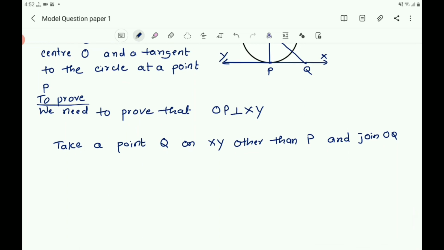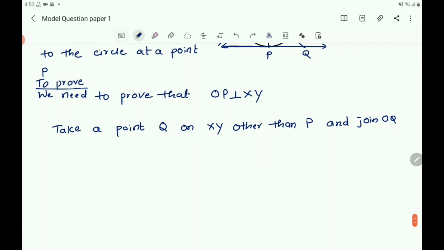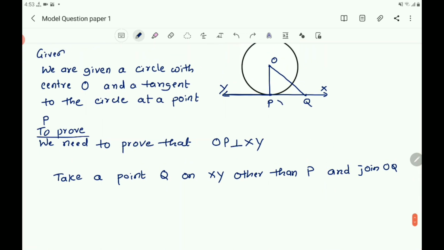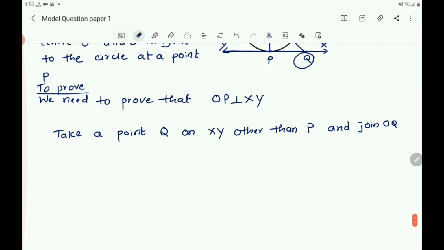If Q lies inside the circle or on the circle, XY will become a secant, because you know that a secant intersects the circle at 2 points, at P and Q. But it is a tangent, which means it touches the circle, or intersects the circle, at only one point. Therefore, Q must be outside the circle.